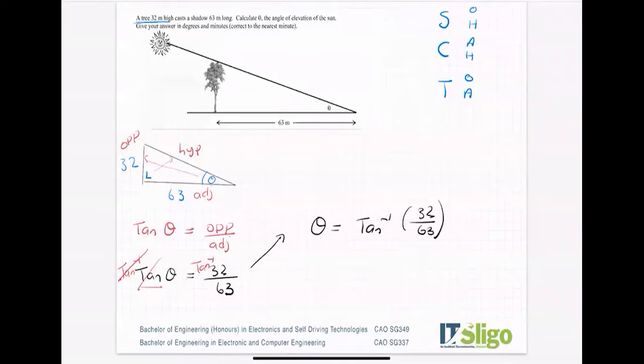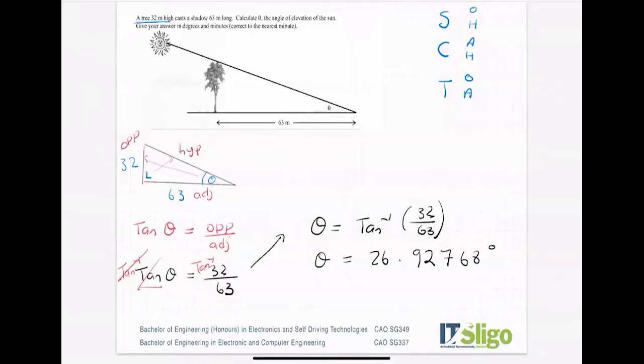Okay, so I am getting my angle theta then to be equal to 26.92768 degrees. And I've just taken a good few decimal places there so that there's no rounding yet. Okay, degrees and minutes then. So that's your angle as a decimal, and it's just degrees.